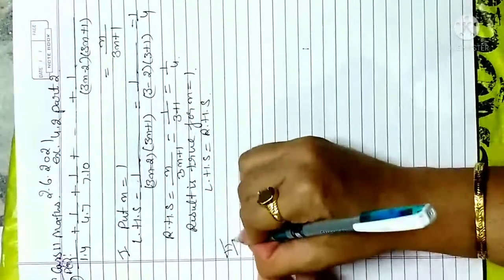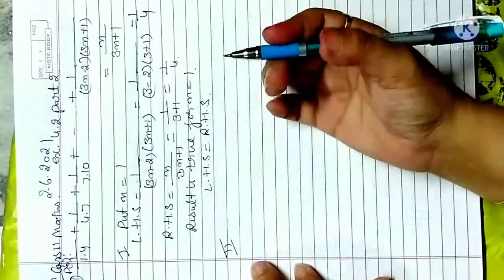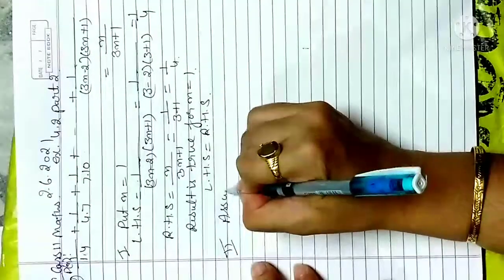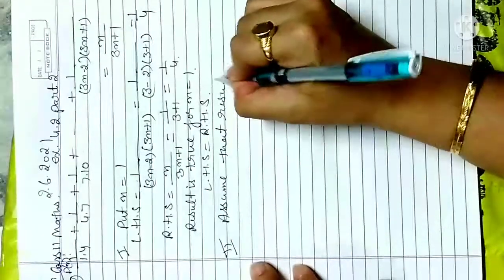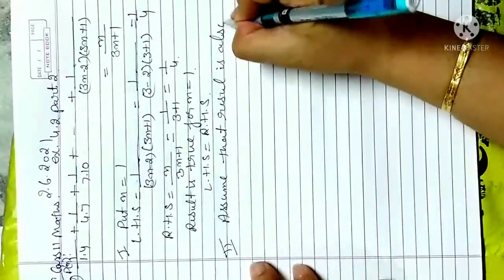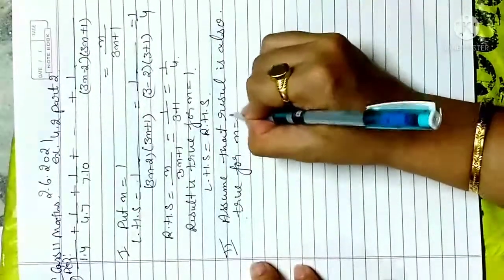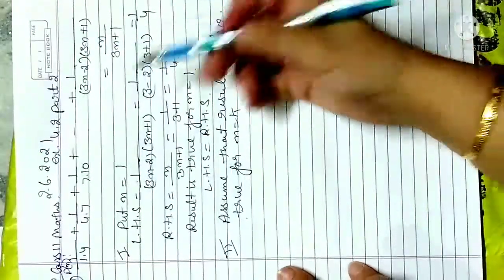Now in my second step, if my result is true for n is equal to 1, we imagine our inductive hypothesis. We assume that the result is also true for n is equal to k. Now you replace n with k in this equation.